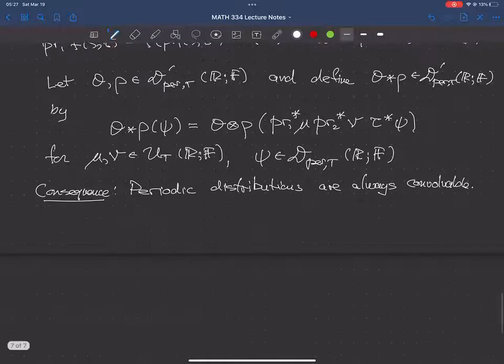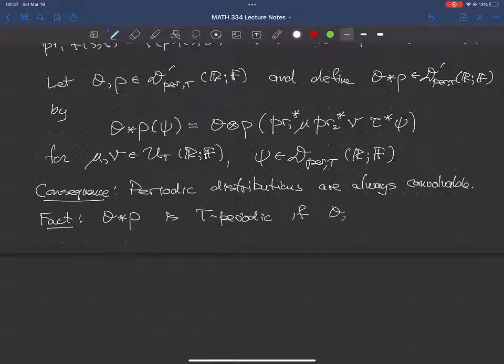And there's a not completely trivial thing to show, that this is indeed T-periodic. But you can do that.